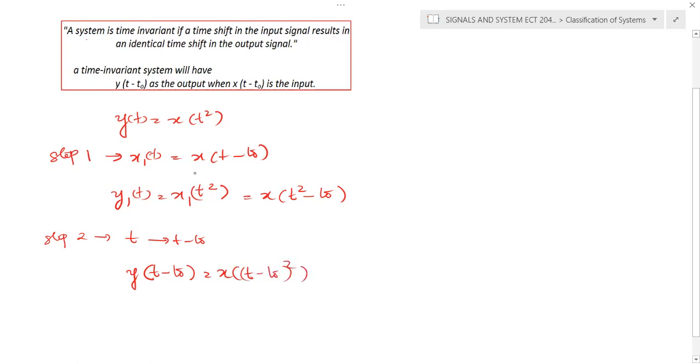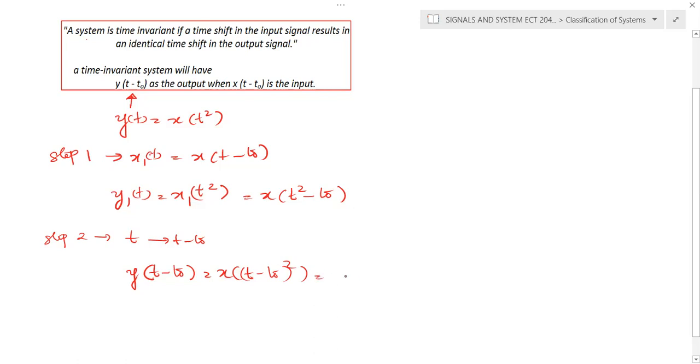See the difference. In the first case, we are shifting the input signal. So whatever is given in the system equation, simply in place of x of something, simply put minus t0, only minus t0. In step 2, in order to find a shifted version of the output, simply replace t with t minus t0.